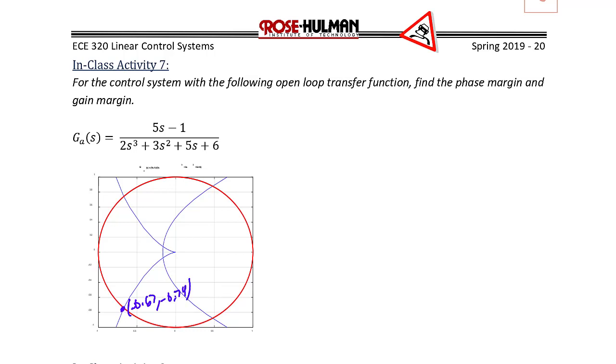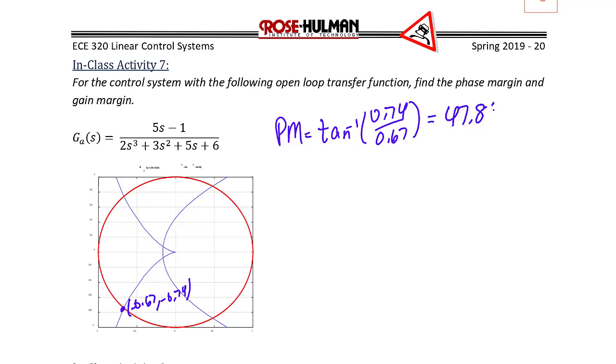So our phase margin would be equal to the arctangent of 0.74 over 0.67, which equals 47.8 degrees.